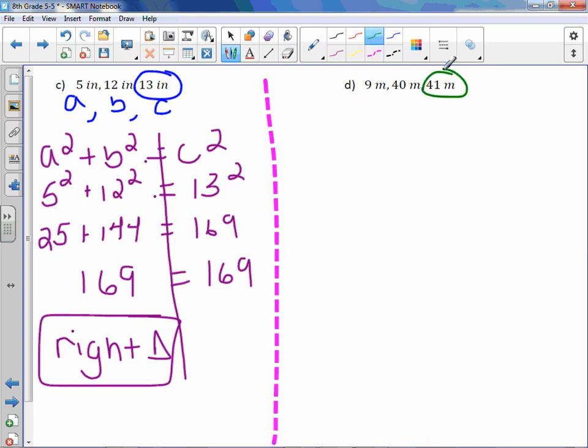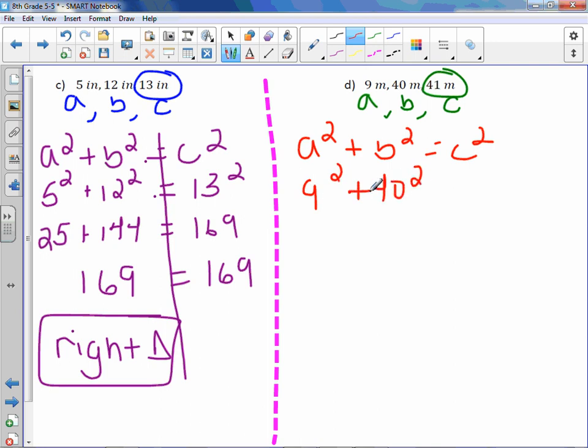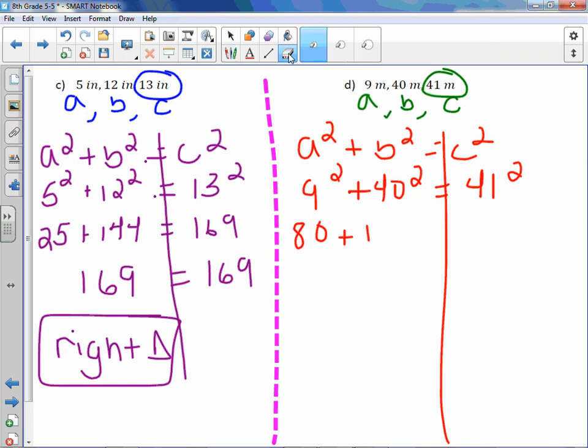Letter D, our longest side is 41. That's the hypotenuse, and A and B are the legs. A squared plus B squared equals C squared. 9 squared plus 40 squared equals 41 squared. 9 squared is 81. 40 squared is 1,600.